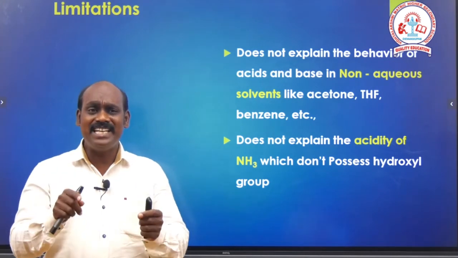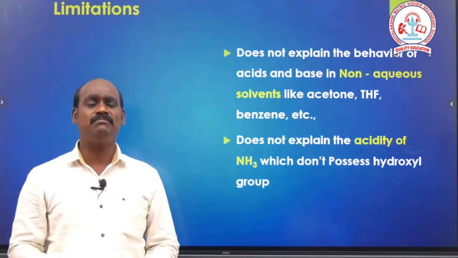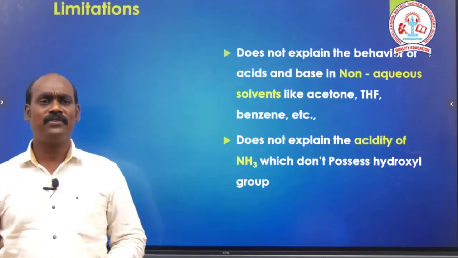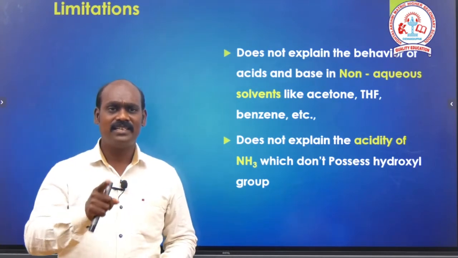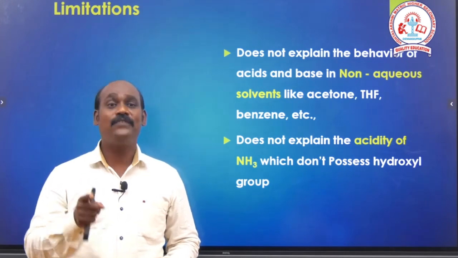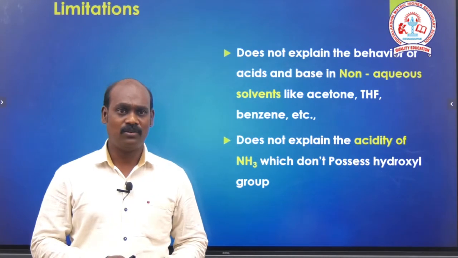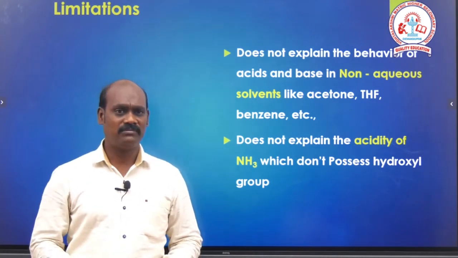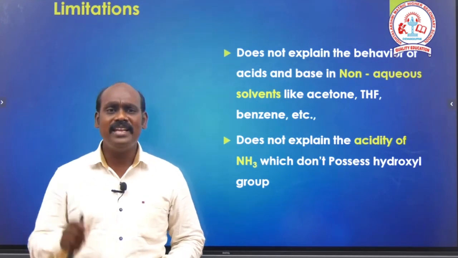So the basicity of ammonia is not explained by Arrhenius theory. These are the main limitations of Arrhenius theory. One, it does not explain acids and bases in the presence of non-aqueous solvents. And two, it does not explain the basic nature of ammonia.